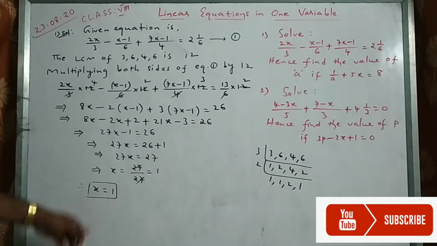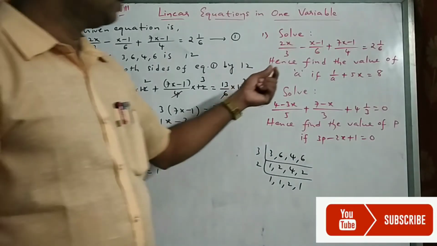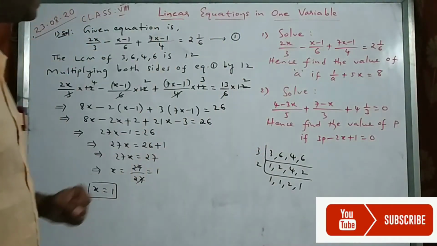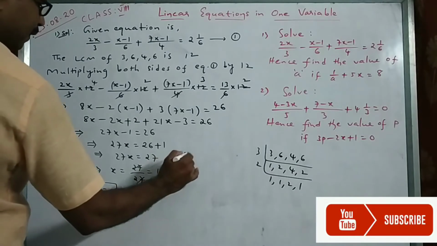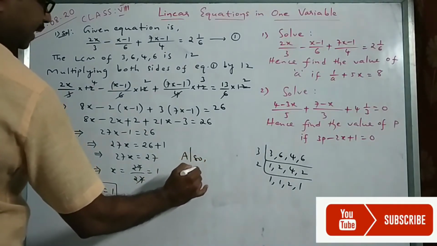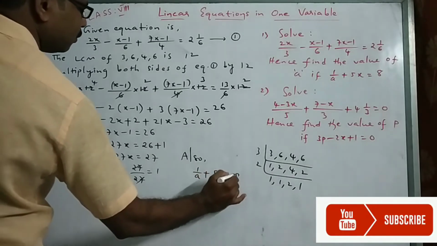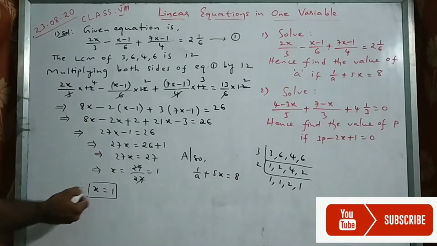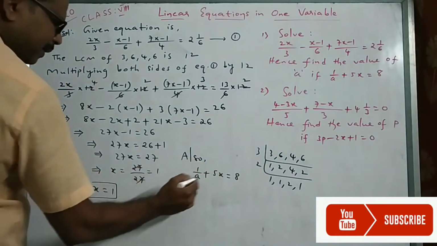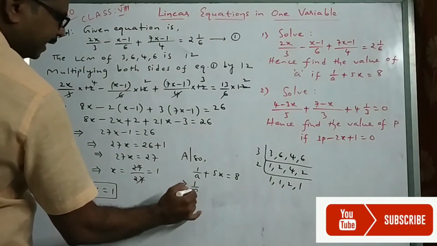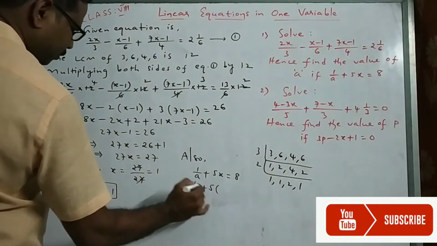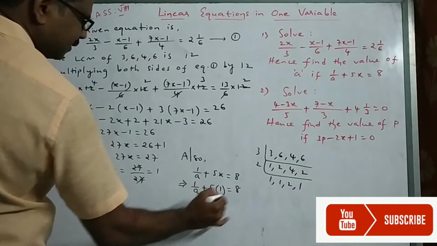It is not the end of solution. One more question is asked here: hence find the value of a. Also we are given 1 by (a plus 5x) equal to 8. We got the value of x, that can be put here.